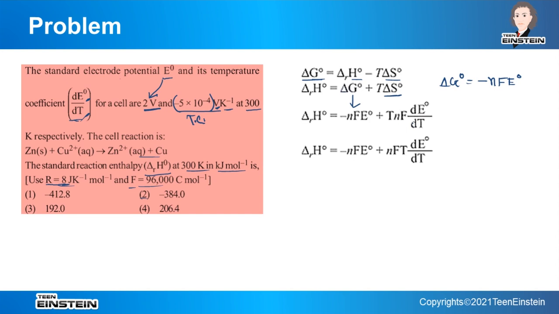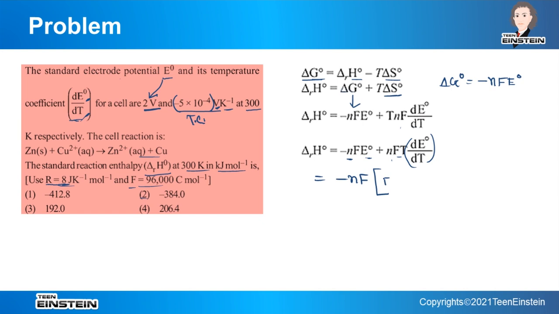After writing this, just keep it this way, because here the del E naught by del T value is given, you know the value of N, E naught is also given and F is also known. So we can take common minus NF.